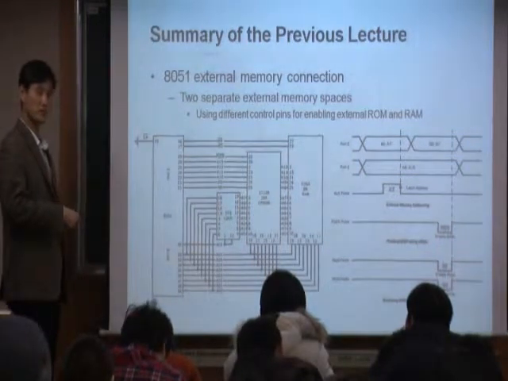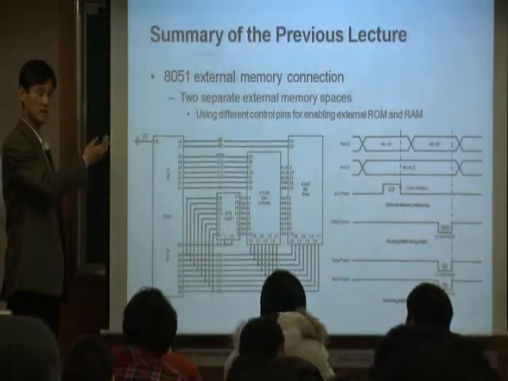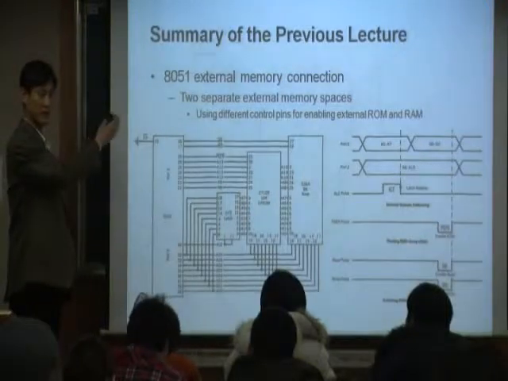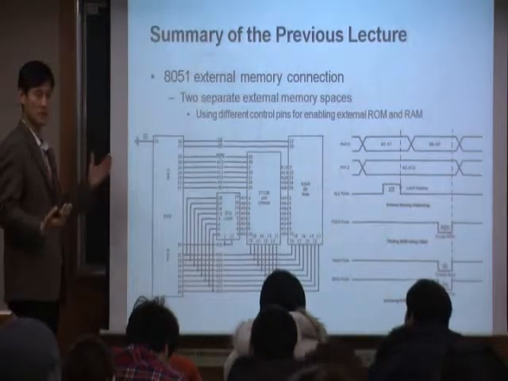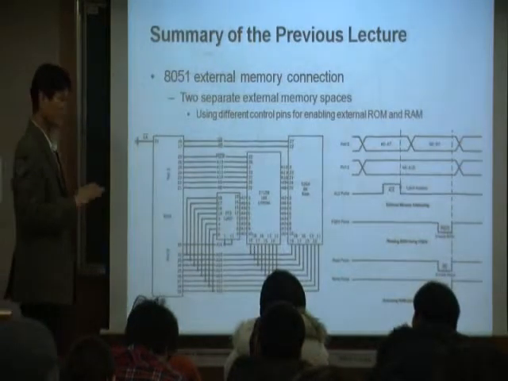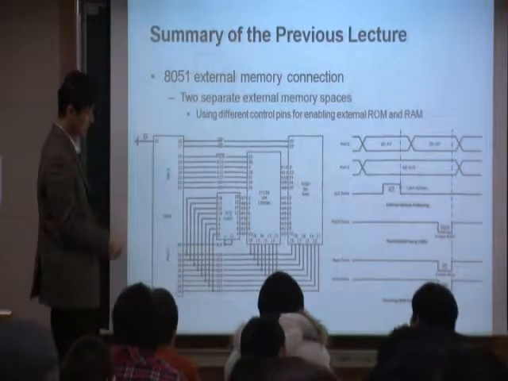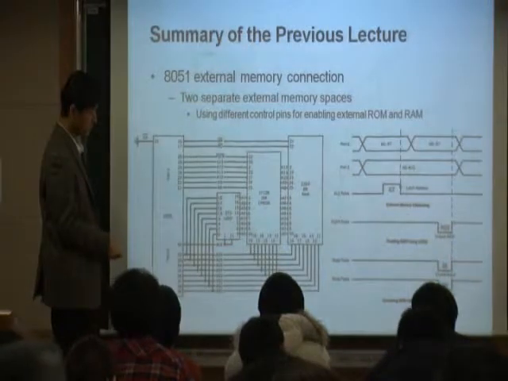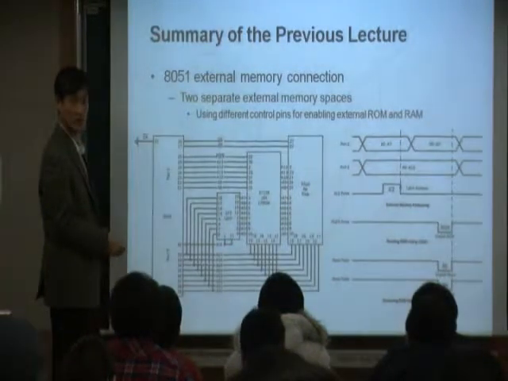Remember that the address space is 16 bits, 64K, up to FFFF, so we need 16 pins for address. For data, we use 8 pins. But now the problem is that port 0 is shared by address and data.